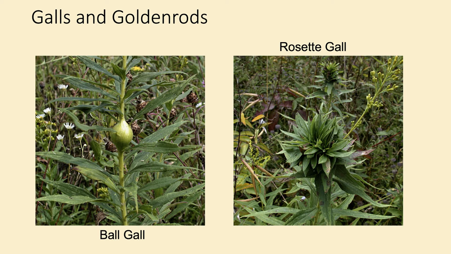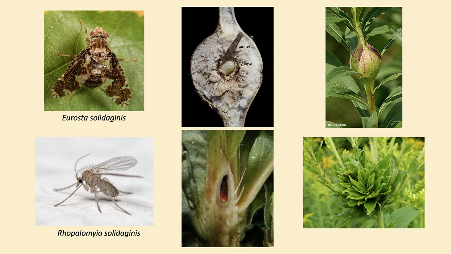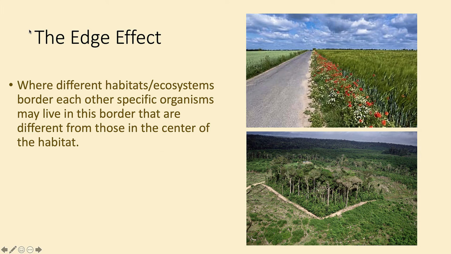Now, ball galls are produced by the plant in response to the growing larva of a goldenrod gall fly, which is growing in the stem of the plant, and this irritates the plant so that it produces more tissue around that site. The rosette galls are produced in response to the goldenrod gall midge larva that is growing in the upper part of the stem of the plant, and this produces a flower-like structure.